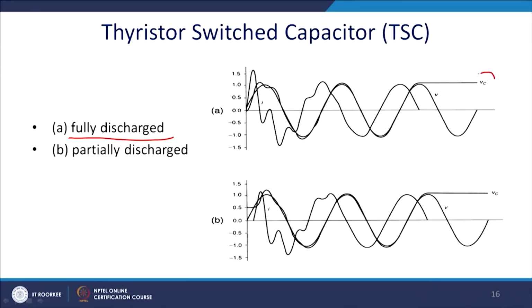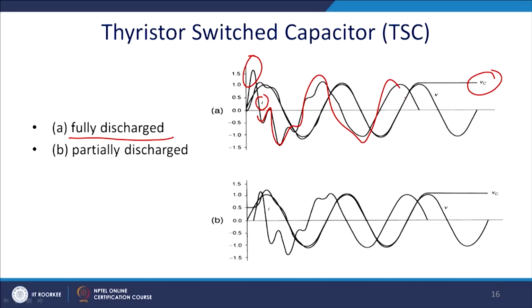So, this is the Vc and this value is Vi, and once it is fully discharged, it has to build some voltage from 0, and thus a high current will flow through the capacitor, the current will have this kind of profile, and it will stabilize after some cycles.